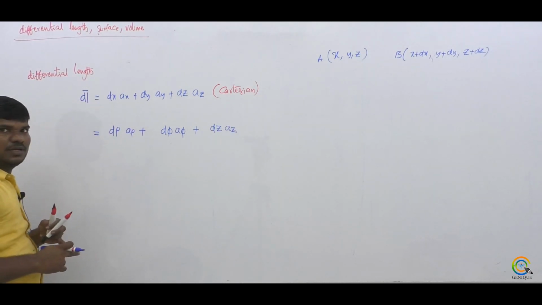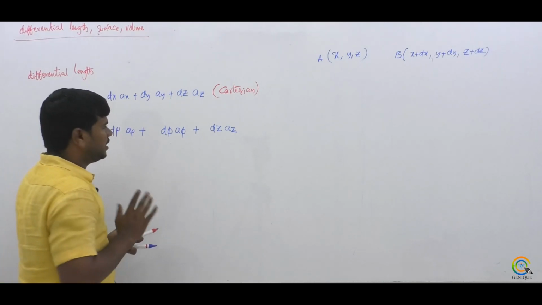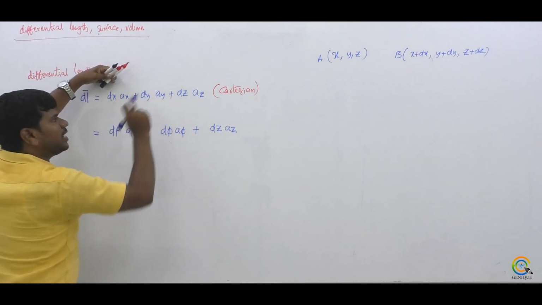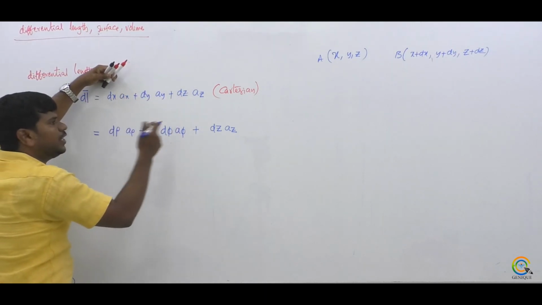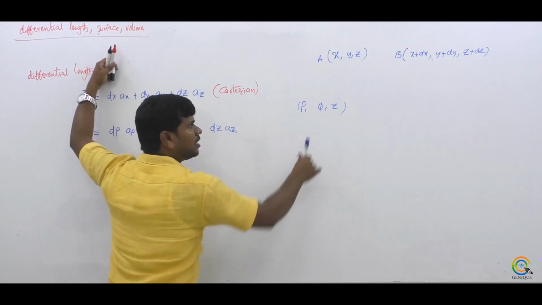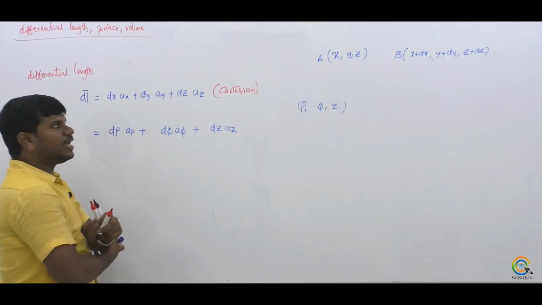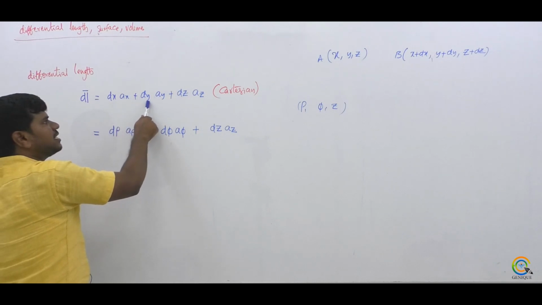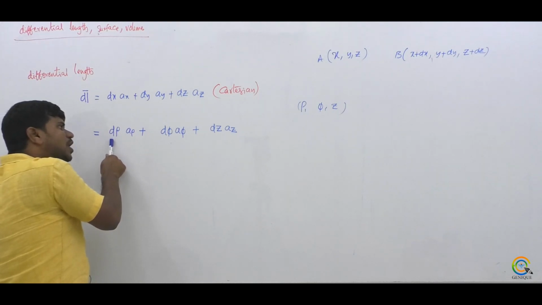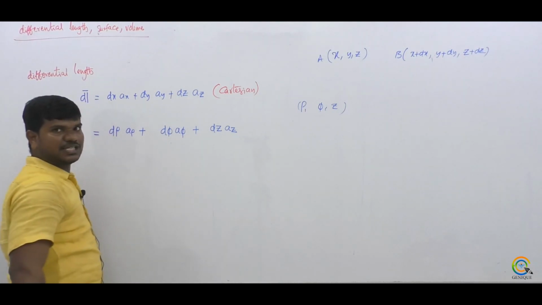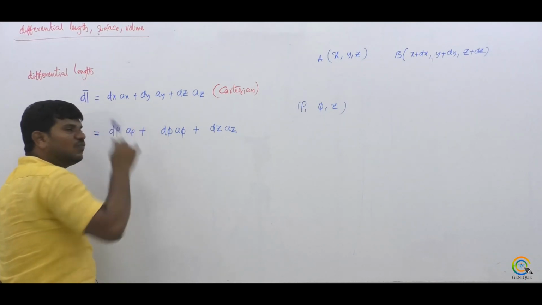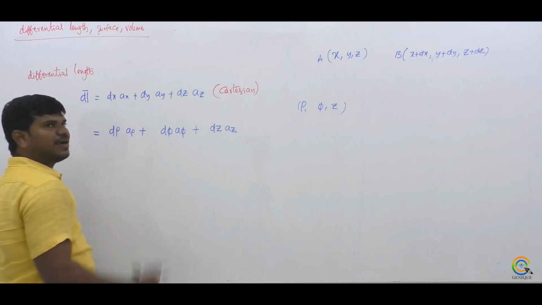If you write it like this, it is wrong, because in the above expression x, y, z are all lengths, but here in rho, phi, z, rho is a length and z is a length, but what about phi? It is an angle. So it is the length in the x direction, the length in the y direction, the length in the z direction. Similarly, d rho is the length in the rho direction and dz is the length in the z direction. But what about d phi? It is not the length in the phi direction.